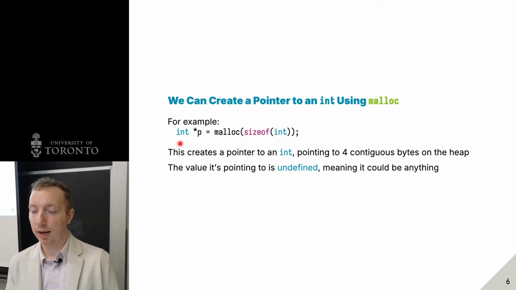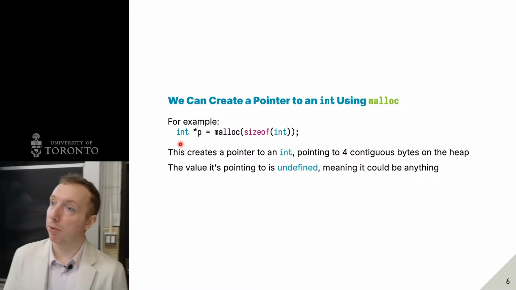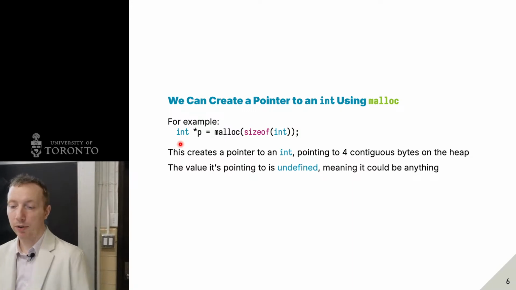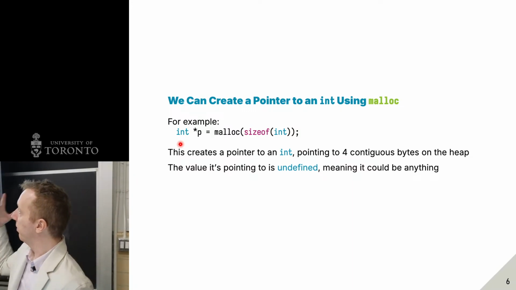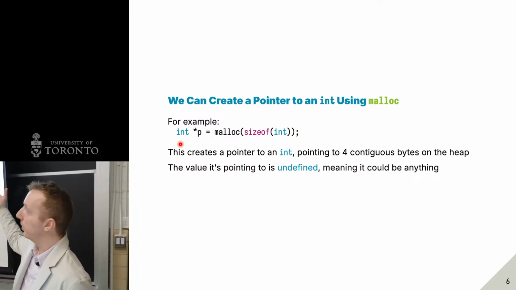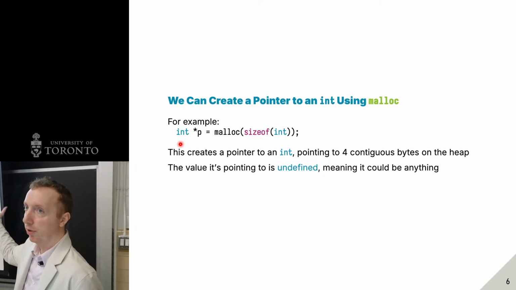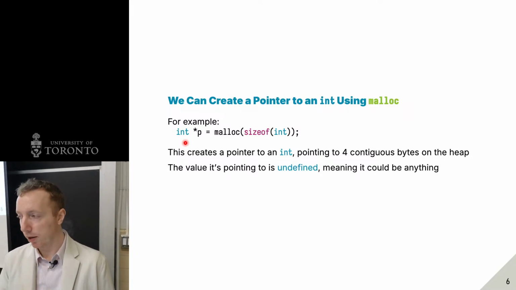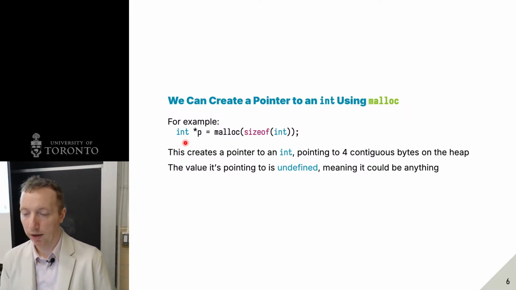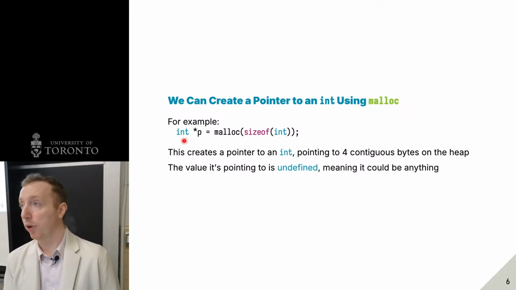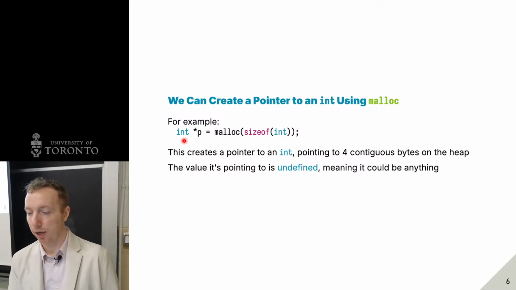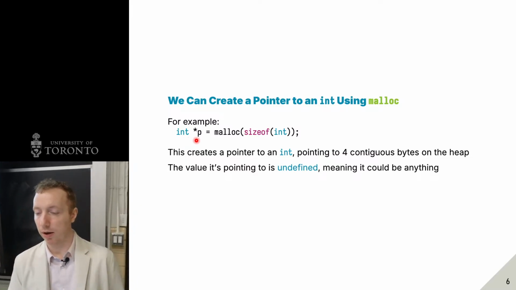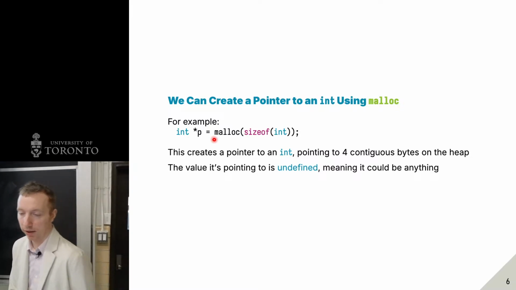So in this case, I know the type I'm pointing to is supposed to be an integer, so C will let you do an implicit typecast from a void pointer to any pointer you want, so we don't have to do that explicit typecast. C will just let this fly. So the pointer we return, we know it's going to point to an int, so we do int *p = malloc(sizeof(int)).